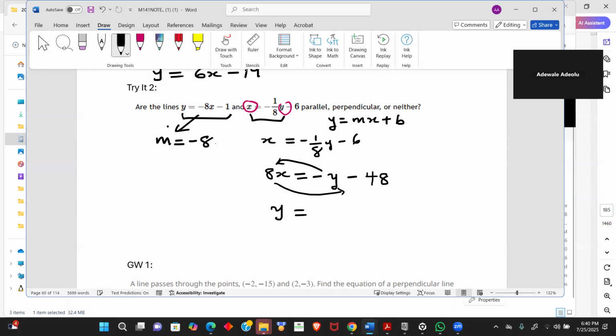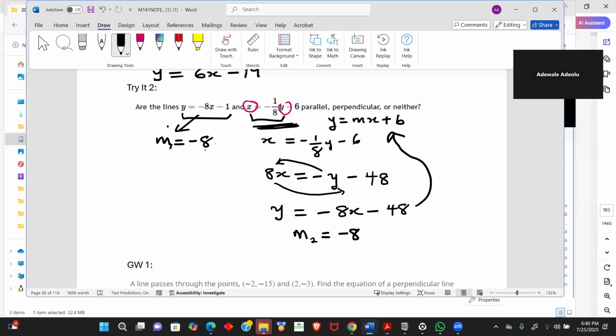So that is y equals -8x minus 48. But my point is, rewrite this in a way that mimics the slope-intercept form.